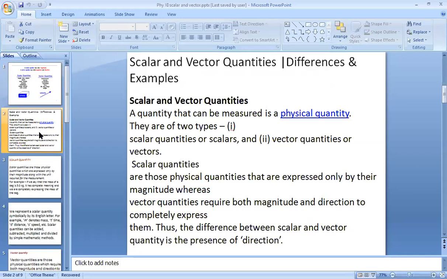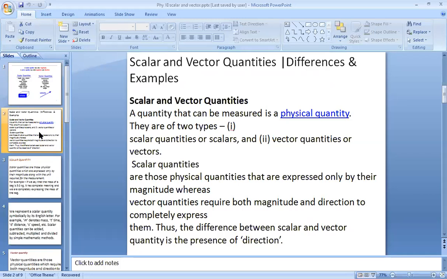As I have told you and explained, a scalar quantity requires only the magnitude for its specification. You can add one word here, that for their complete specification, it is an understood word. Similarly, the vector quantity requires both magnitude and direction to completely express them. Thus, the difference between scalar and vector is the presence of the direction.